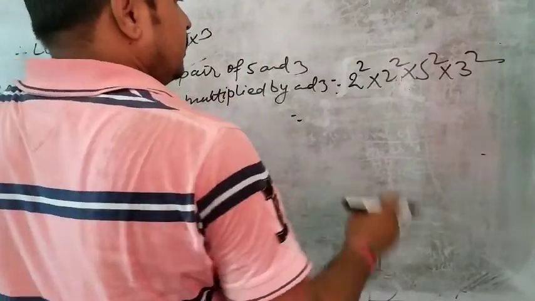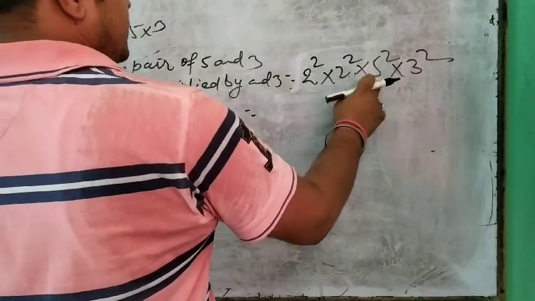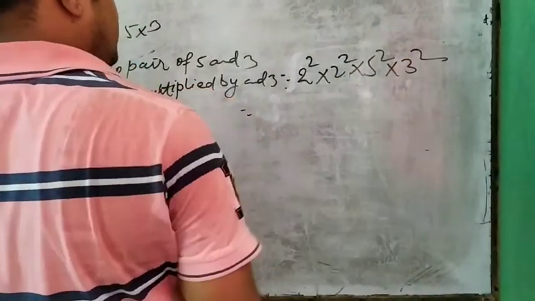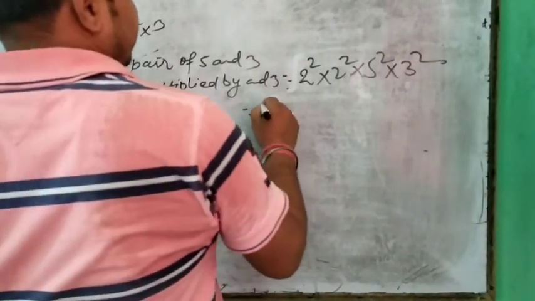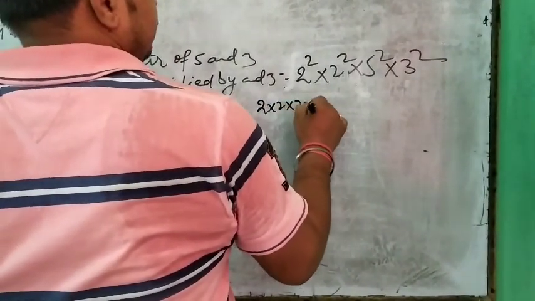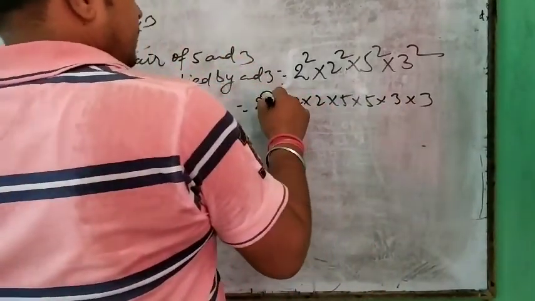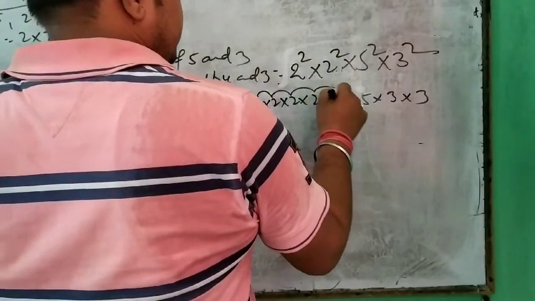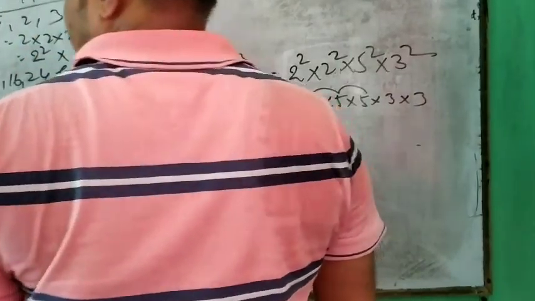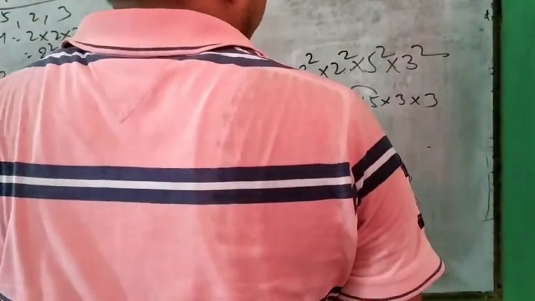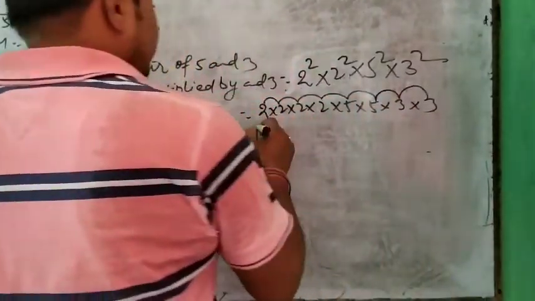It should be written like this: 2 into 2 into 2 into 2 into 5 into 5 into 3 into 3. 2 twos are 4, 4 twos are 8, 8 twos are 16, 16 fives are 80, 80 fives are 400, 400 threes are 1200, and 1200 threes are 3600.